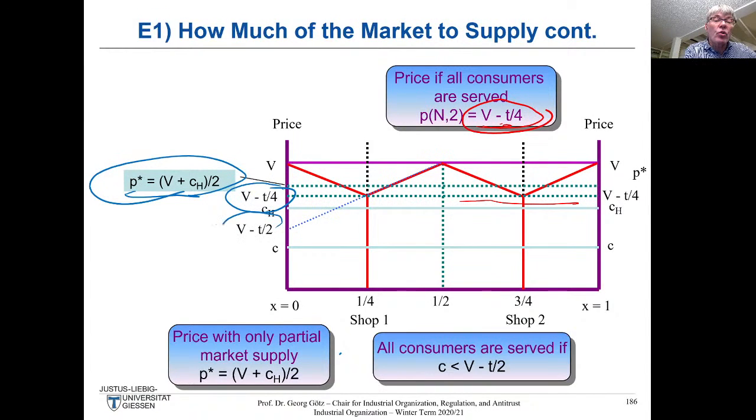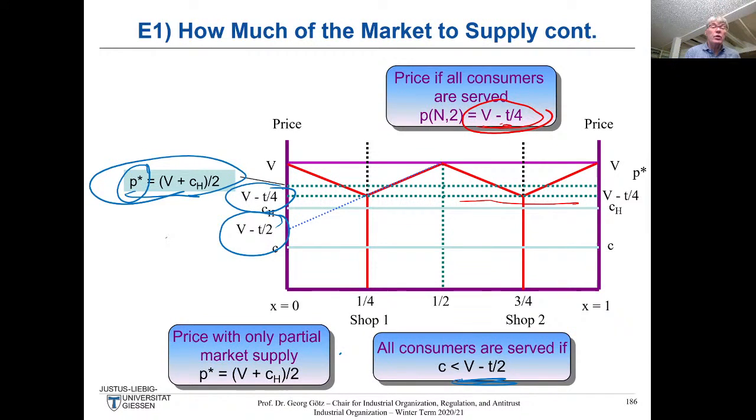What I drew here is just the case in which this P star, the monopoly price, and the price in which you serve everyone coincide. You just solve this for C and you get V minus T over 2, because then your monopoly price will just be equal to V minus T over 4.